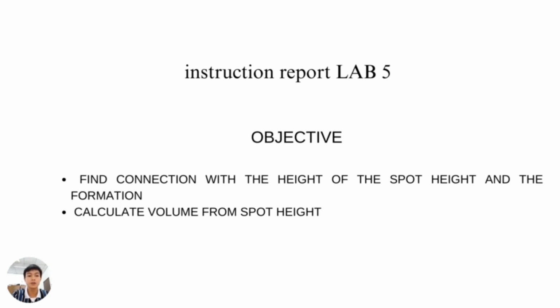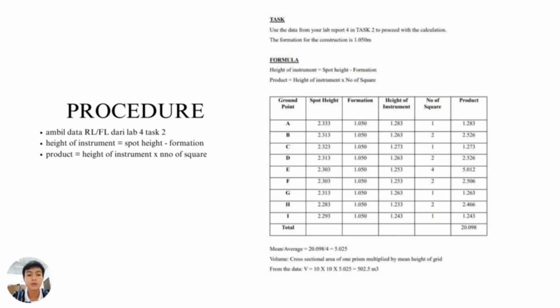The objective of this report is to find the connection between the spot height and the formation, and calculate volume from spot height. The procedure is we take data RL or FL from lab 4 task 2.